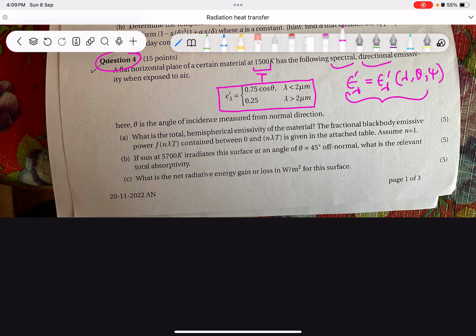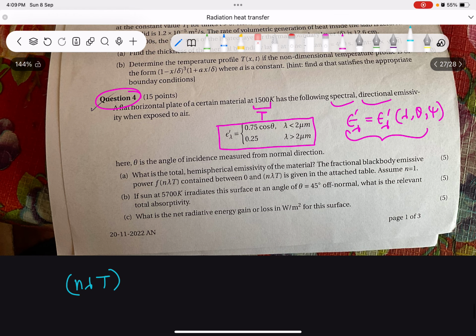The fractional blackbody emissive power contained between 0 and n lambda T is given in the attached table. I will just show you how it looks. Another piece of information given here is that it is exposed to air, so for air we suppose that n is equal to 1.